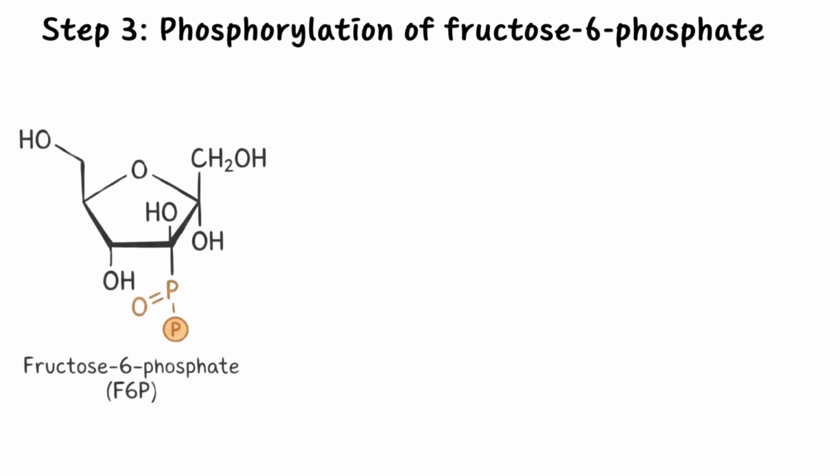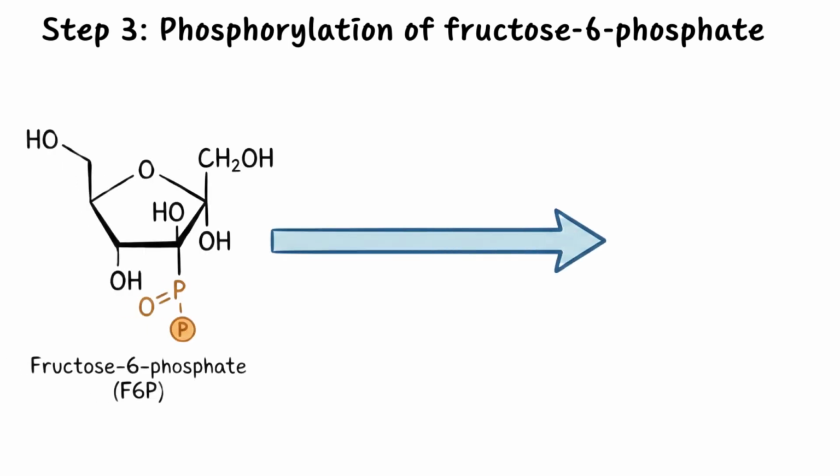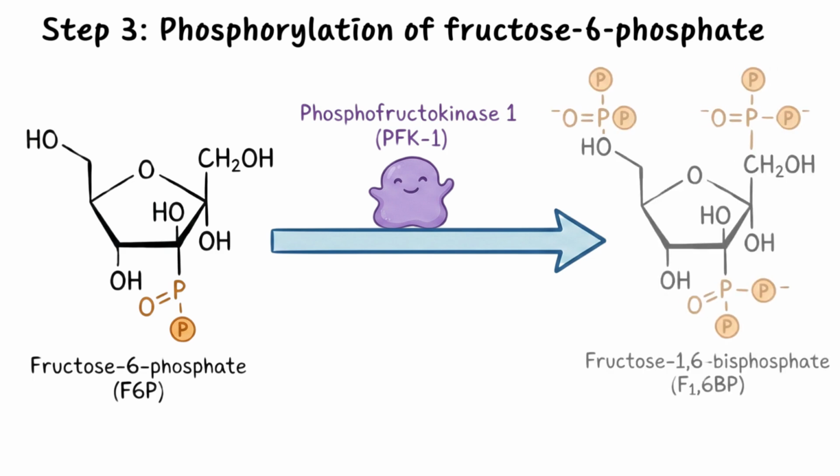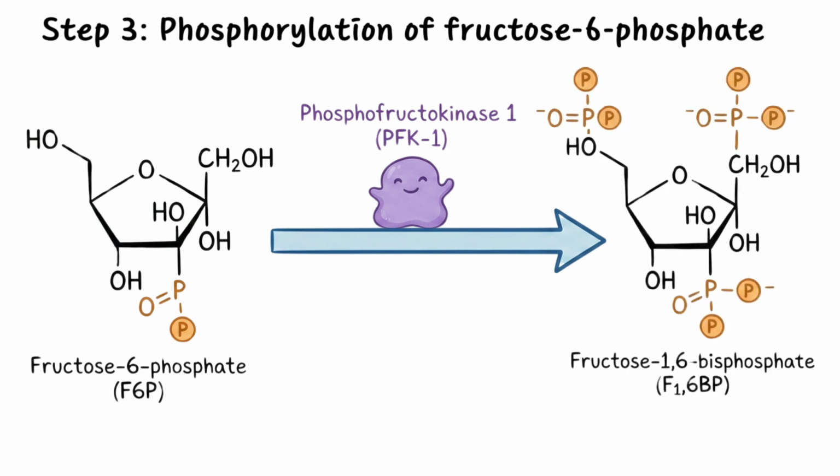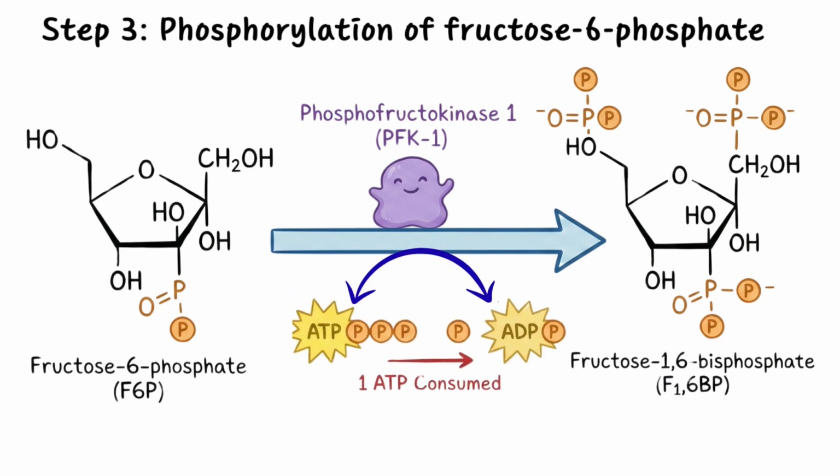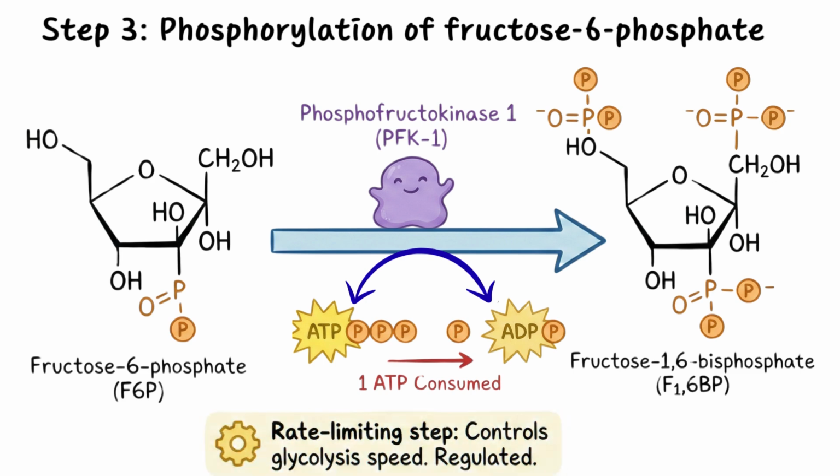Fructose 6-phosphate is once again phosphorylated by the enzyme phosphofructokinase 1 to form fructose 1,6-bisphosphate, and this consumes 1 ATP. This step is important and is regulated because it controls the speed of glycolysis. So you can say that it's a rate limiting step.